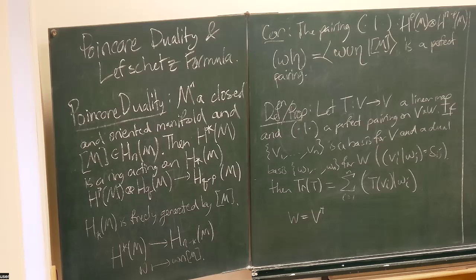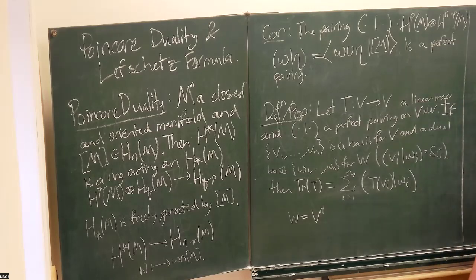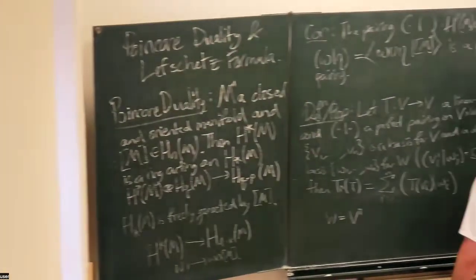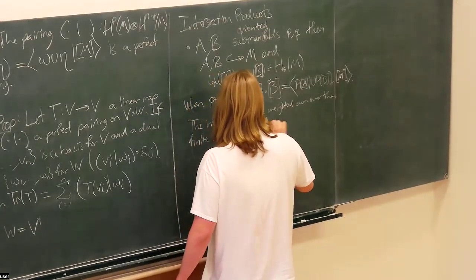Because of this property, their intersection is just going to be a finite set of points, or generally, the intersection is a weighted sum over the finite intersection of A.